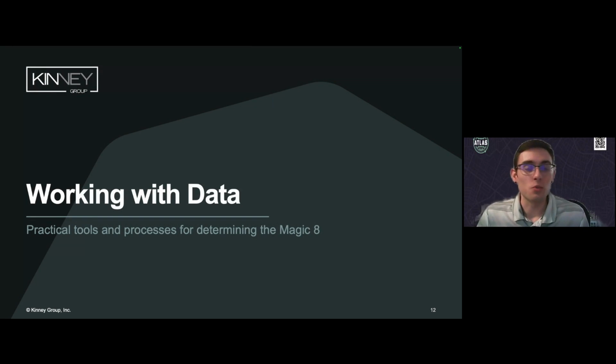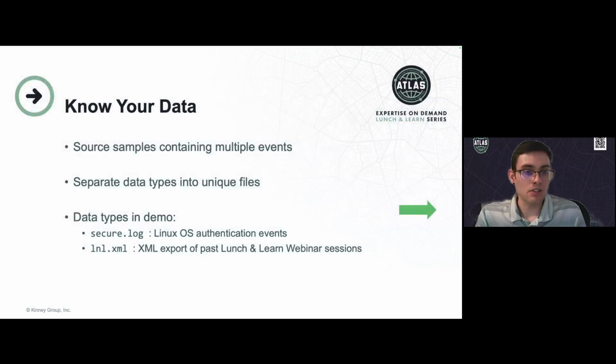So I mentioned what we'll do today is take a look at a couple of different data sources, and we're going to be defining source types using our Magic 8. And it's important as you're going through this process that you actually know what you're working with. You need to source good samples that contain multiple events.